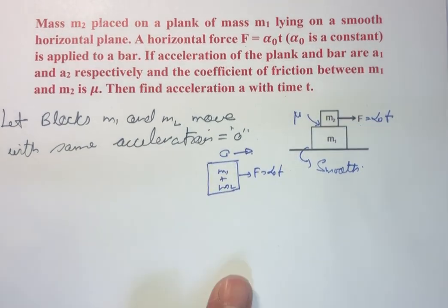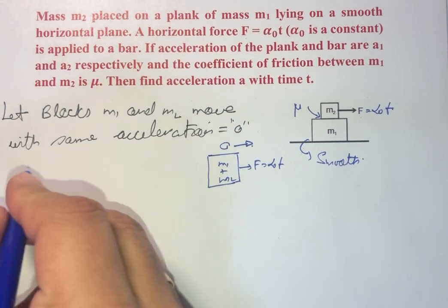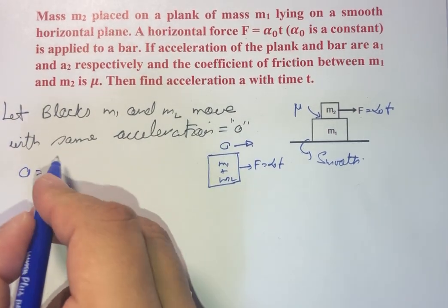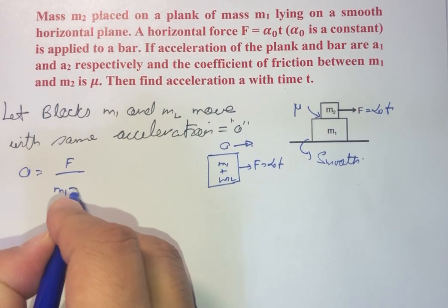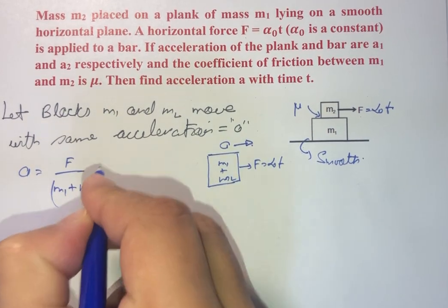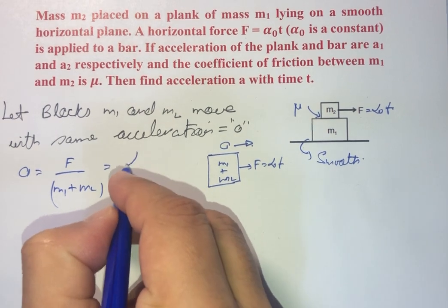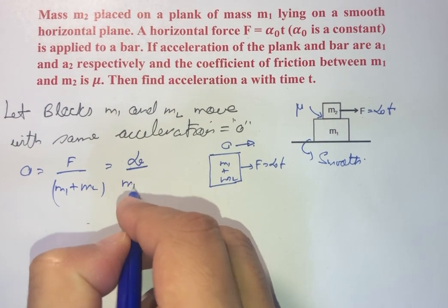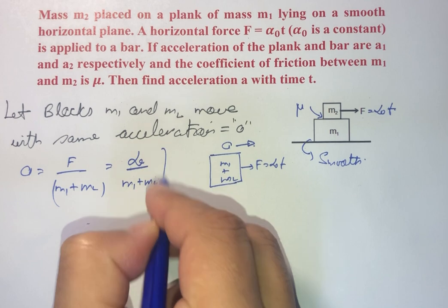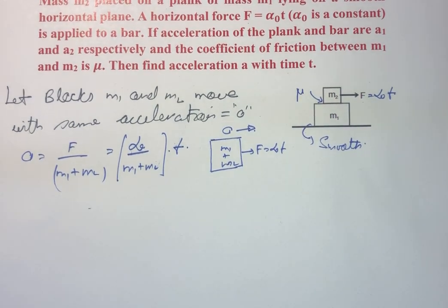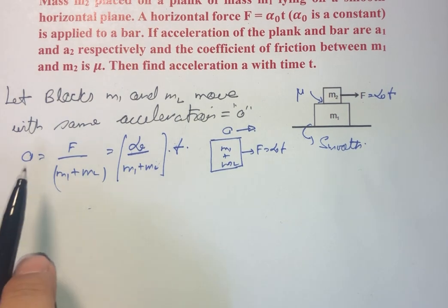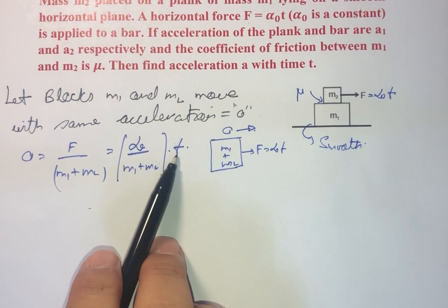So we can write the equation of acceleration as a is equal to F upon m1 plus m2, which can be written as alpha naught by m1 plus m2 multiplied by t. So the combined acceleration is a linear function of time t.